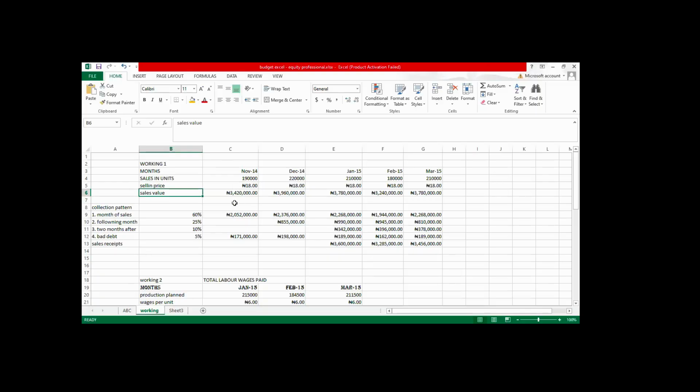That will be for November. Go to December, compute. 3,960,000. Look at your screen. What do you have? 3,960,000. Go to January, compute.